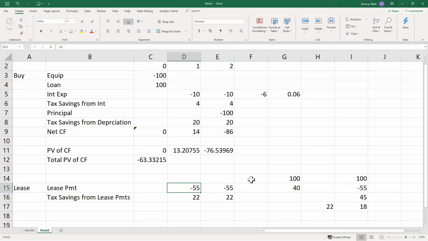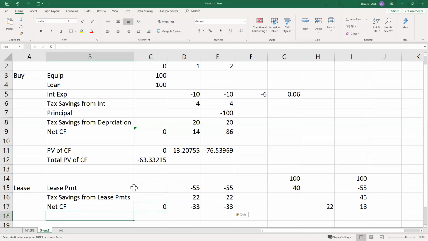So I spend 55, but I've got a tax savings of 22. And that's it, because I don't have any other expenses. So my net cash flow in this case is equal to the sum of each of these columns. So 0 and minus 33.